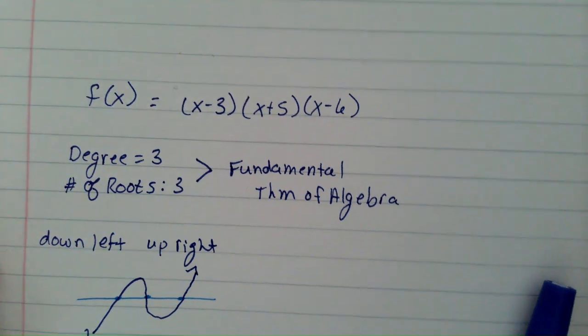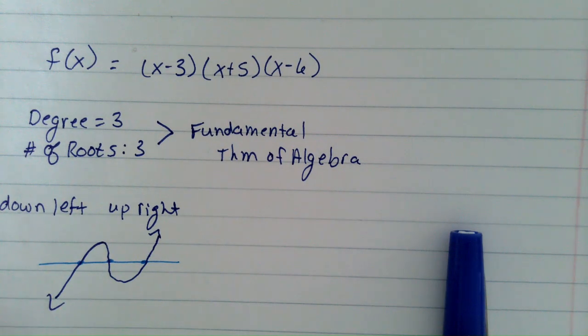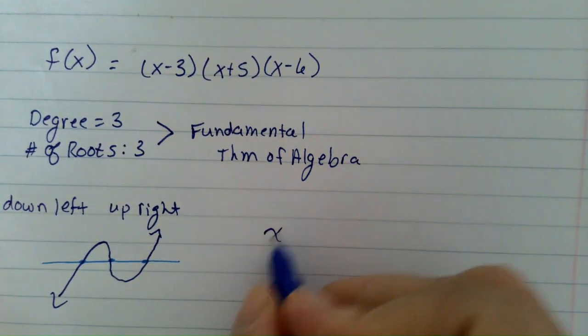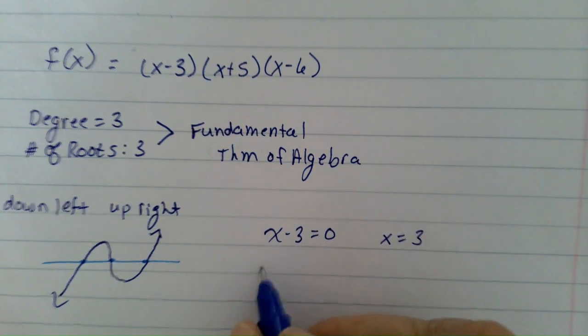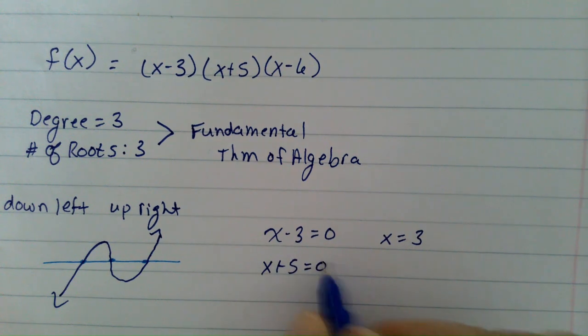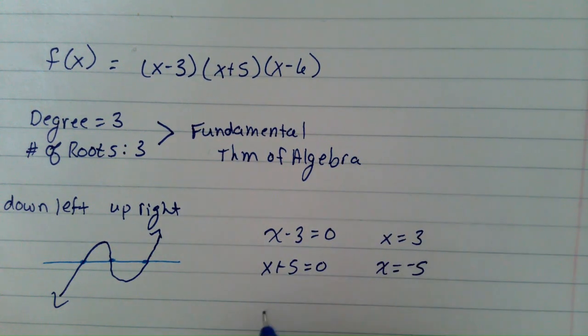Now, since we have 3 quantities, the zero product property says each of them equals 0. So x would be 3. x plus 5 equal to 0, so x would equal -5. Or x minus 6 equal to 0, meaning x will be 6.